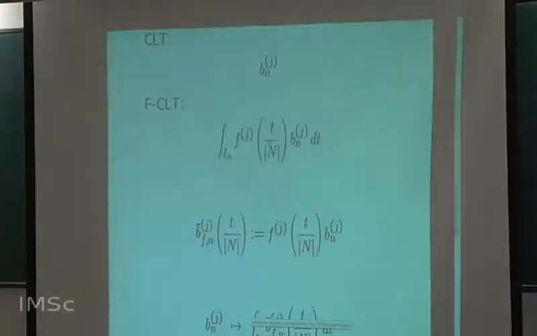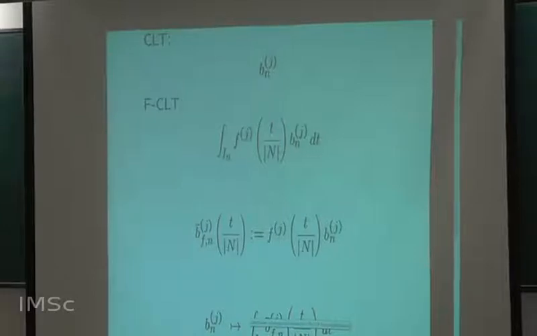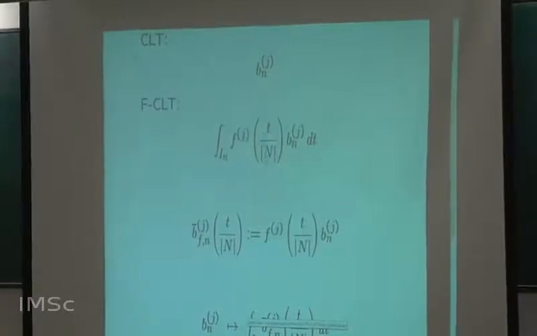Roughly speaking, you go from a single generator to functions which take values in the generators. Since the generators are a discrete set, we can always separate the dependence on t over n from the dependence on the generator.